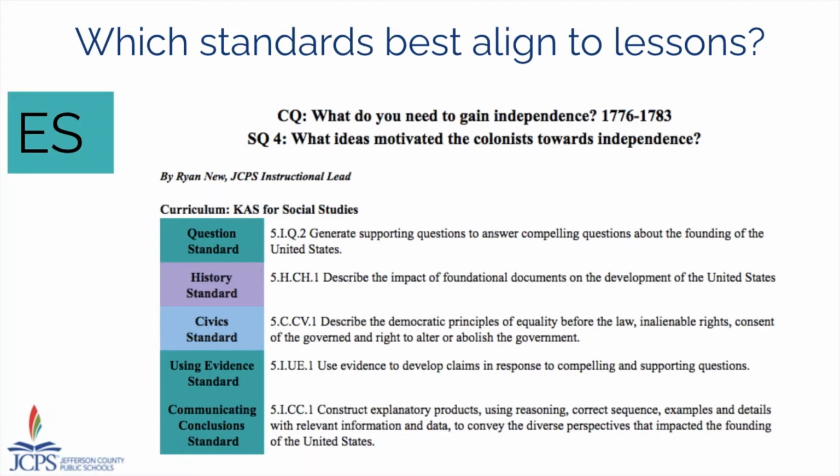In this particular lesson, we have sources from the Boston Massacre to Thomas Paine's Common Sense, and as always, the Declaration of Independence. And the civic standard really embodies those democratic principles of equality before the law, inalienable rights, consent of the governed, and right to alter or abolish government, which our documents actually embody.